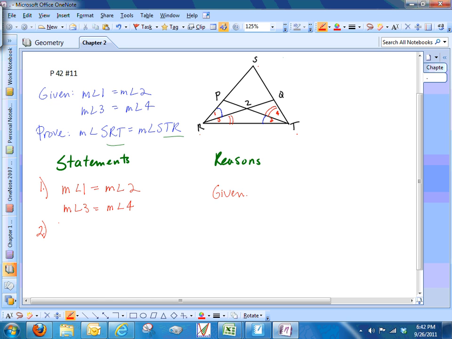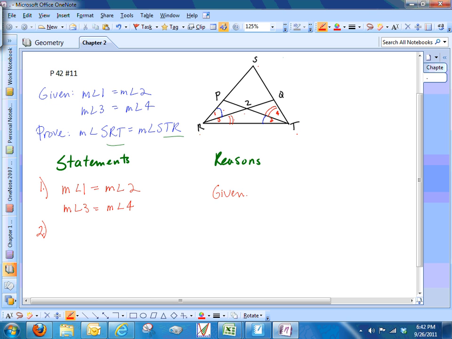In line 2, I'm trying to see what the relationship is between SRT and these numbered angles. Hopefully you can see that SRT is comprised of angle 1 and angle 3.